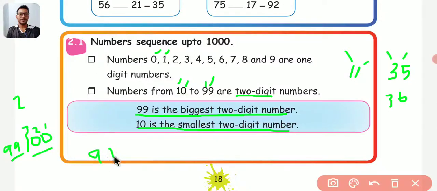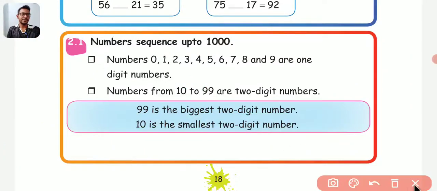We have 9. In single digit numbers, which number is the biggest one? 9 is the biggest number. So after 9 we get 10. How many digits? 1, 2. So this is the beginning of the two digit numbers. So 10 is the smallest two digit number. I hope you understand.